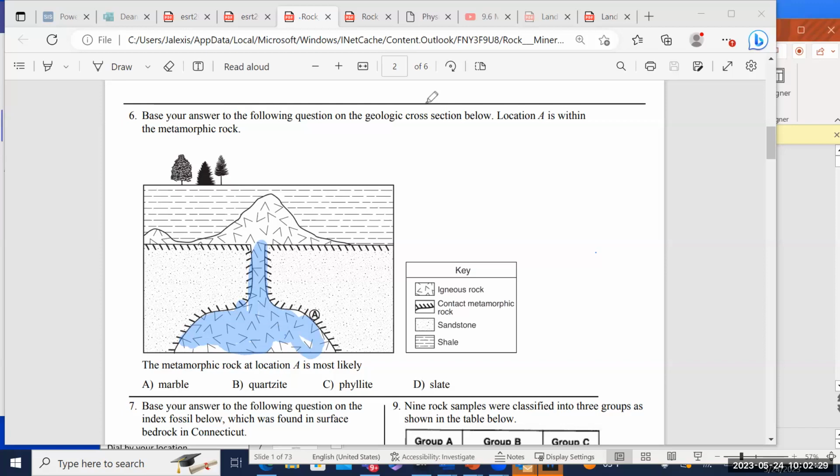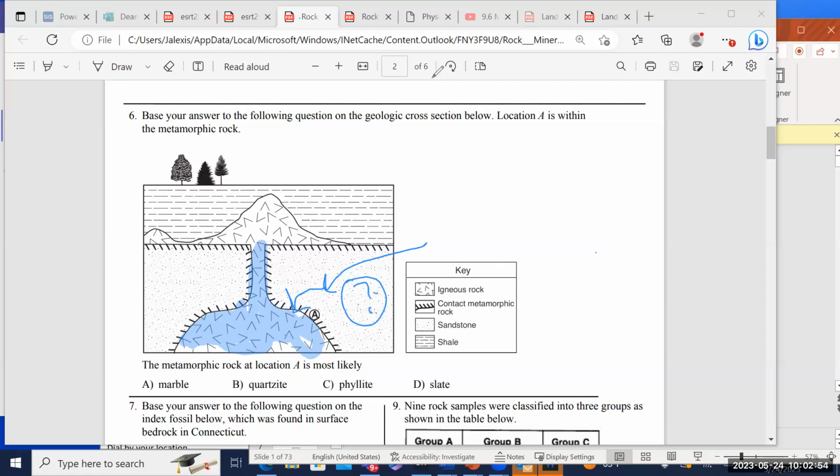So it's very much possible that you can have a sedimentary rock, and the moment that the sedimentary rock comes into contact with this igneous intrusion, it can turn into a metamorphic rock. So that means that I'm looking for a metamorphic rock that used to be whatever this rock is.